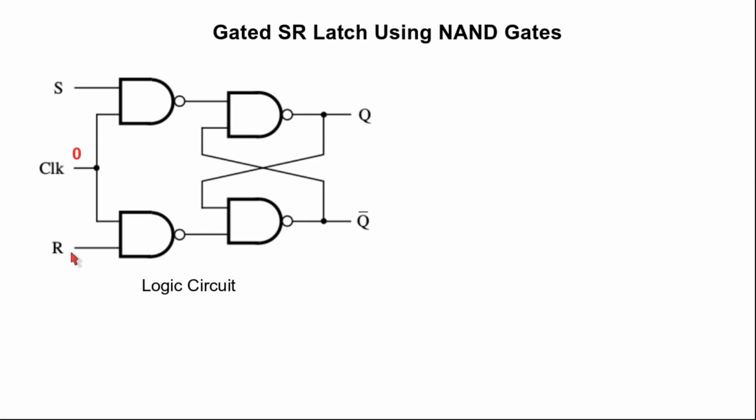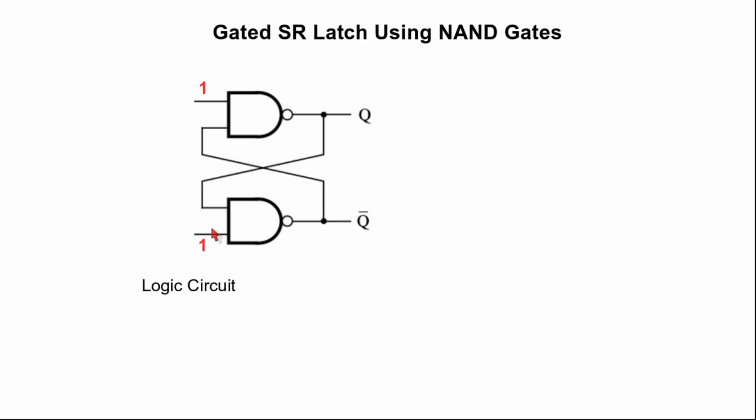Now if you look at the behavior of this logic circuit, if the clock input is 0, then the output of both these NAND gates will be equal to 1. It doesn't matter what the value of S and R is. As soon as the clock input is 0, the output of both the NAND gates will be 1. So now we have a situation where both the inputs to the basic SR latch using NAND gate are 1.